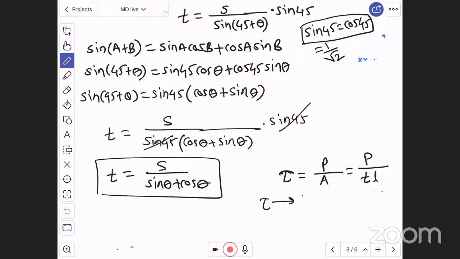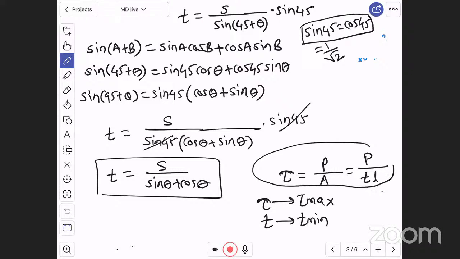This shear stress will become maximum when this thickness becomes minimum. Correct or wrong? See here, in the formula, thickness is in the denominator. As thickness goes on decreasing, shear stress goes on increasing. Thickness decreases means area decreases means shear stress increases.